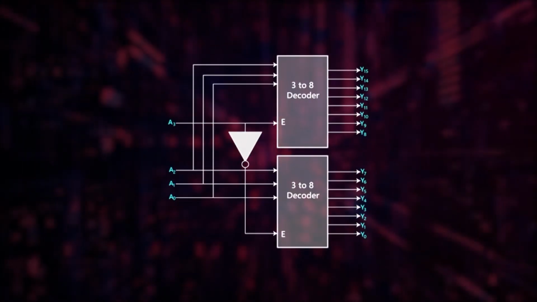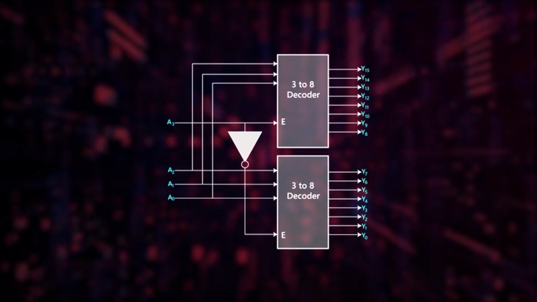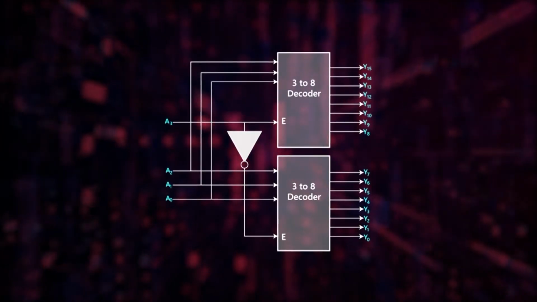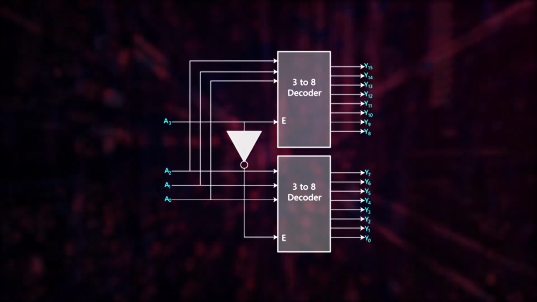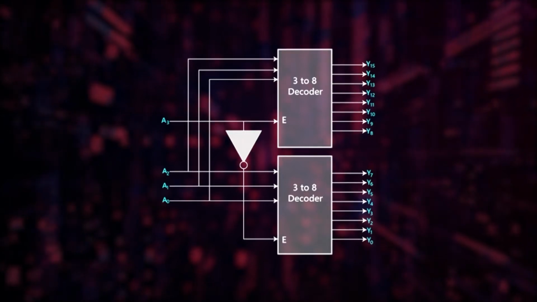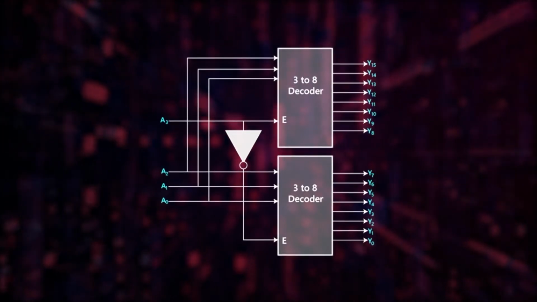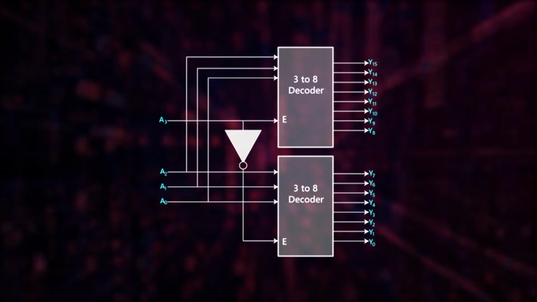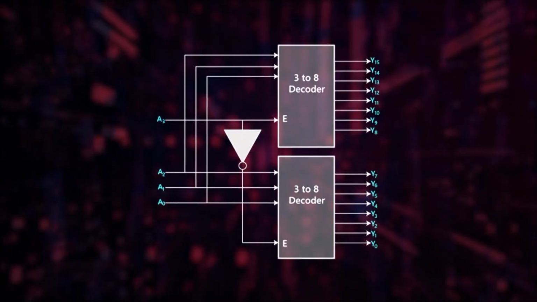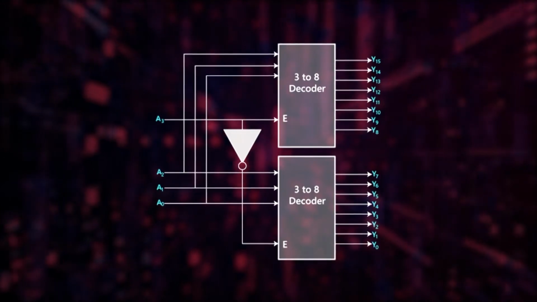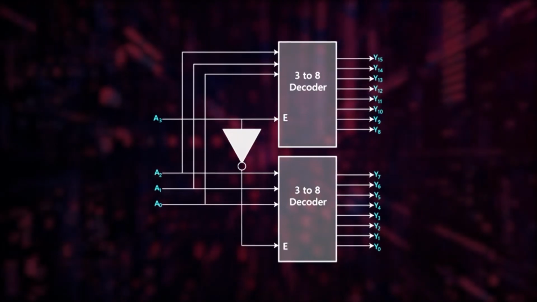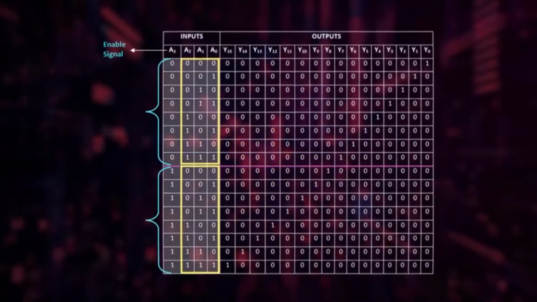So, when A3 is 0, the upper decoder is disabled and the lower decoder functions as a 3 to 8 decoder. So, the 4 input lines of the 4 to 16 decoder are treated as 3 input lines and 1 enable signal. And the 16 outputs are y0 to y7 produced from the upper decoder and y8 to y15 produced from the lower decoder. You will be more clear about this design when you refer to the truth table.